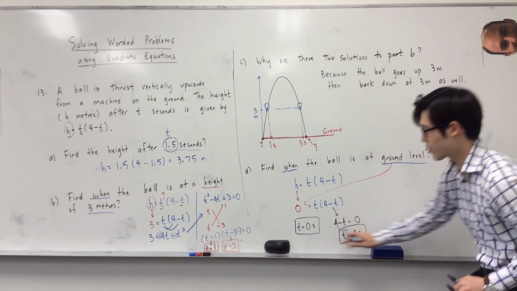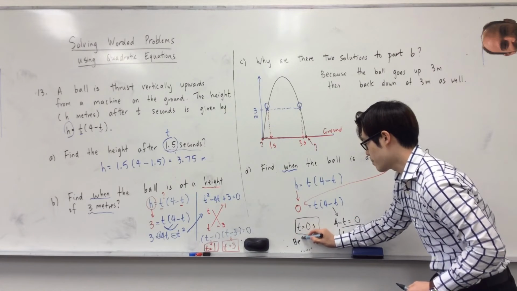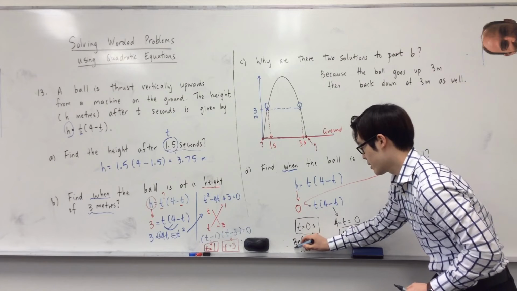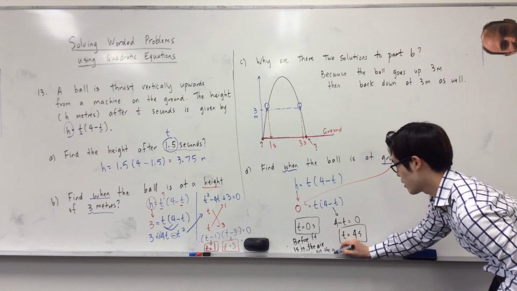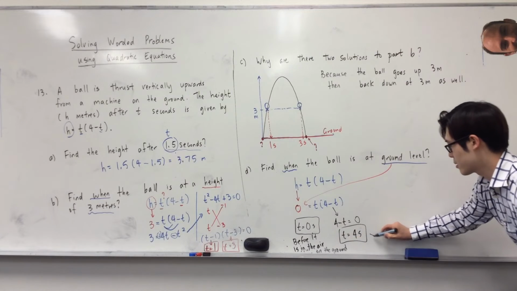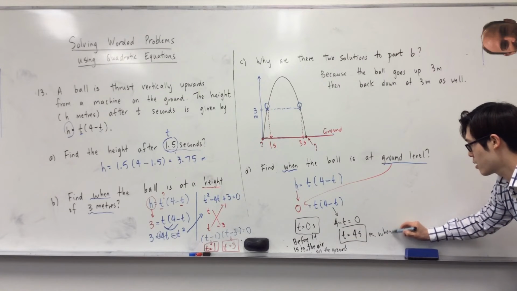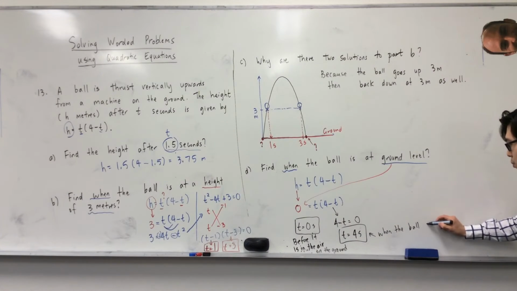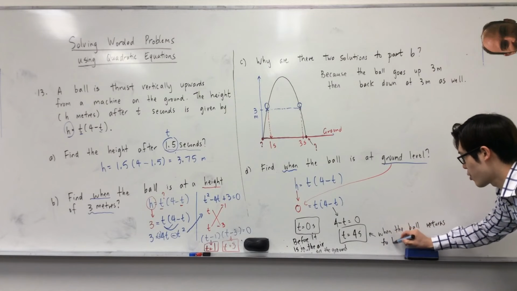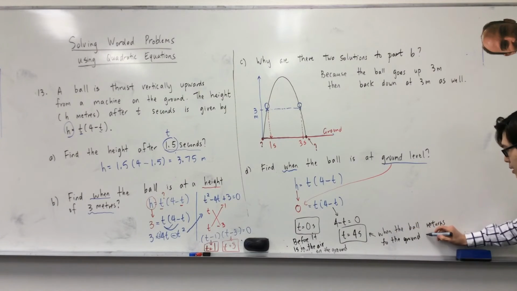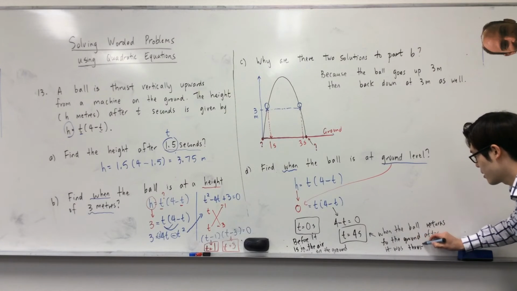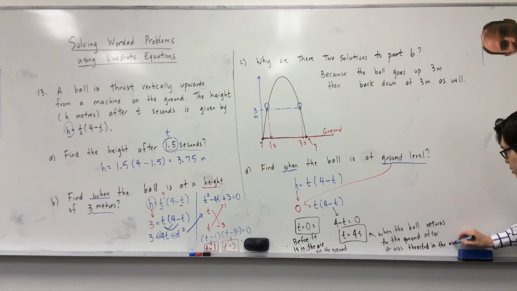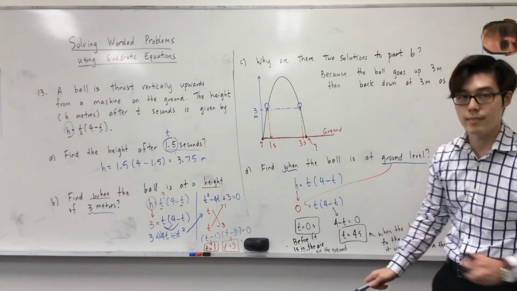So this is before, and this is when the ball returns to the ground after it was thrusted into the air. Okay, so this is your detailed information on what these two times represent.